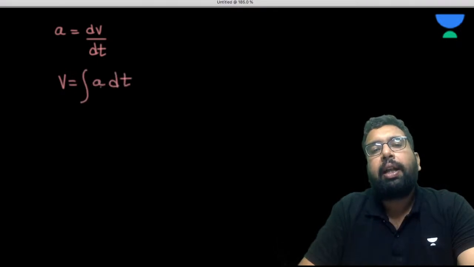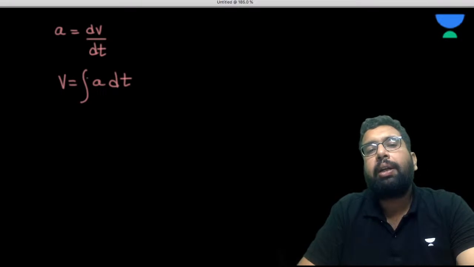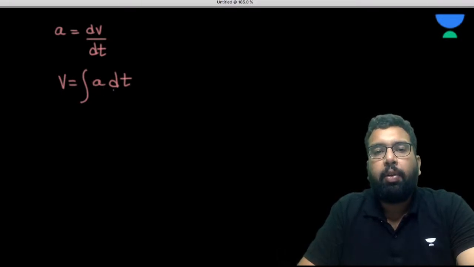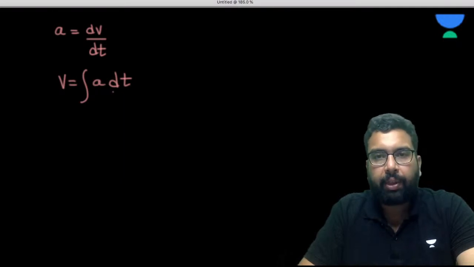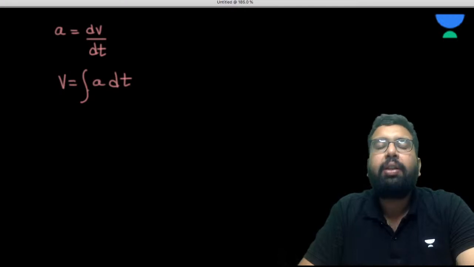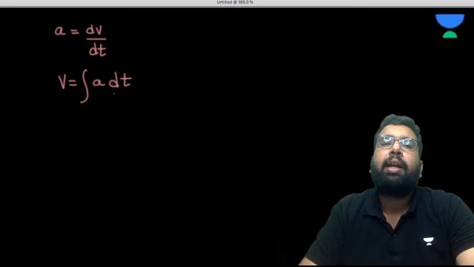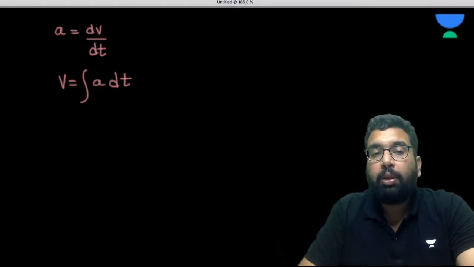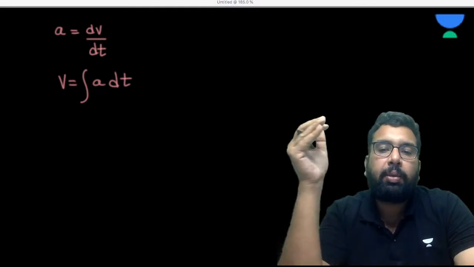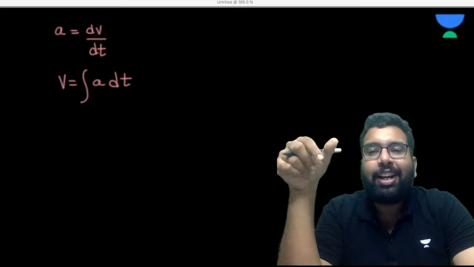From here, can I have the velocity like this? Velocity is going to be the integration of a dt. Yes, we can do that. Similar to displacement and velocity: if the displacement is differentiated, we get the velocity.